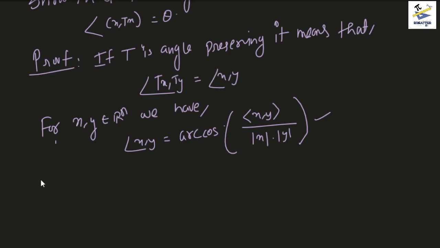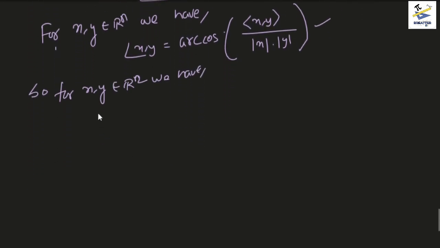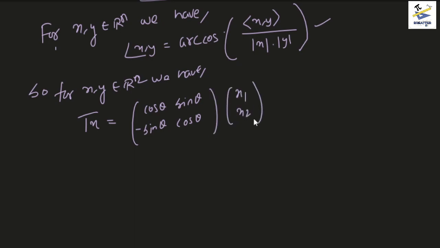Okay, so for x, y belonging to R to the power 2, we have T of x equal to the matrix cos theta sin theta, minus sin theta cos theta, into x1 x2, right? It is a 2 cross 2 matrix and this is a 2 cross 1 matrix.